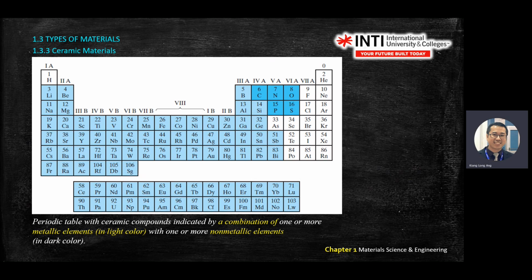So again, we expand the periodic table from just now. On the periodic table, we have metallic elements, the light color ones and the dark color blue. These 5 elements here, carbon, nitrogen, oxygen, P and S, are non-metallic, and then you mix them.